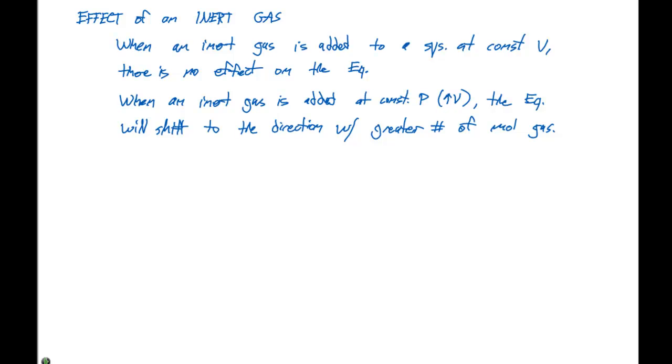So these are the two statements you need to keep in mind when you're looking at an inert gas.